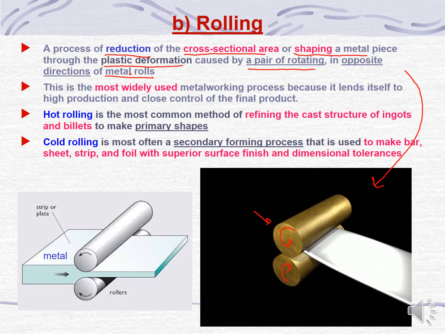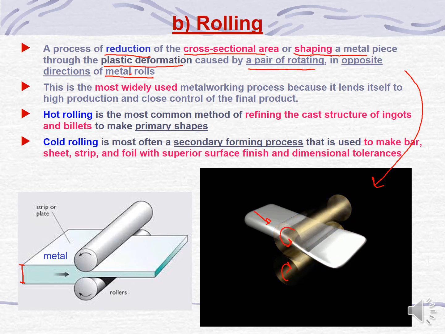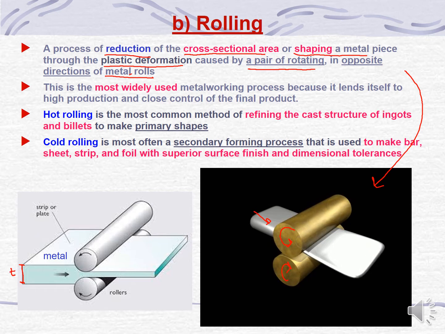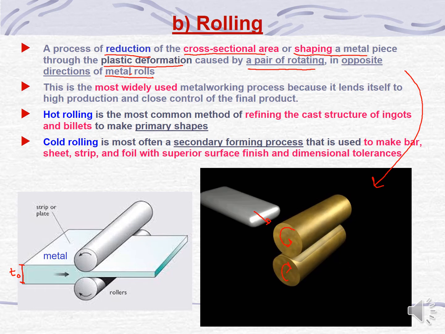So please observe. Okay, how about the thickness? The thickness of the initial metal is bigger, is thicker than after deformation. Okay, thickness before is T0. After going through these two rollers, the thickness is decreased to T1.